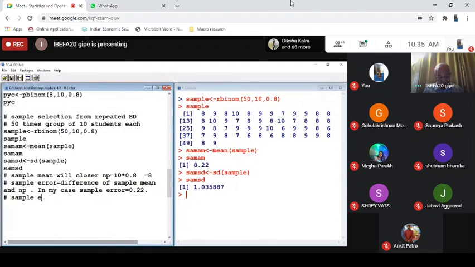Sample error is closer to square root of NP(1 minus P).